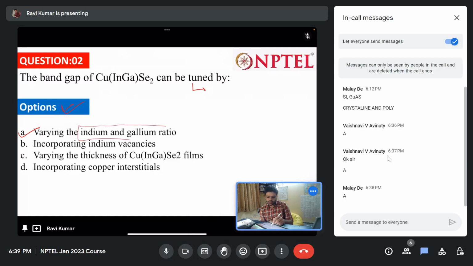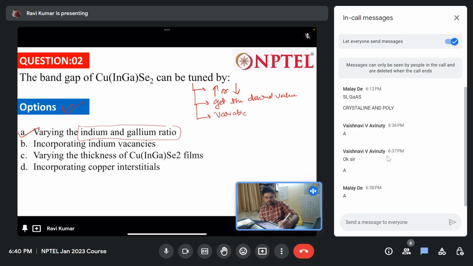So what is the meaning of tune here? Band gap tune. It's like increase or decrease, or we can say get the desired value, or we can say variable band gap.